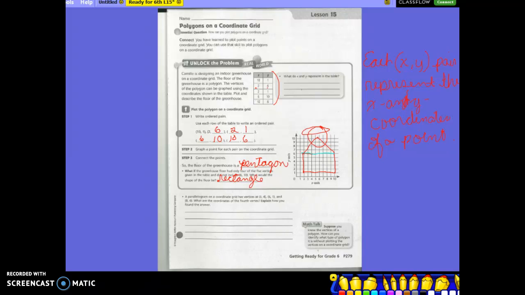So that we can draw these on here and talk about what our possibilities are. So the ones they give us are 3, 4, 6, 1, and 8, 4. And what are we supposed to be making? It just says a parallelogram on a coordinate grid has vertices at.